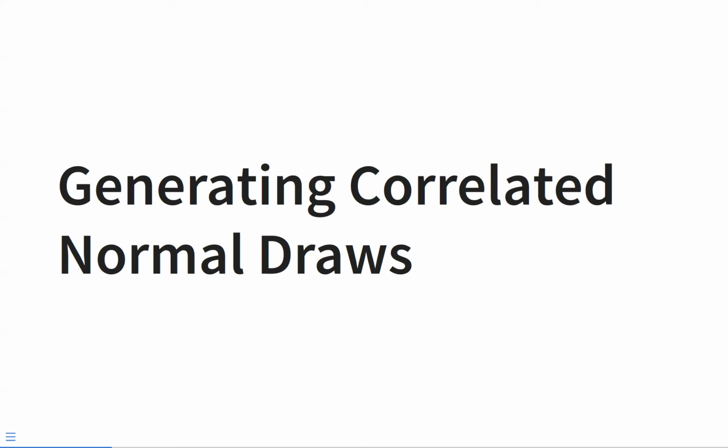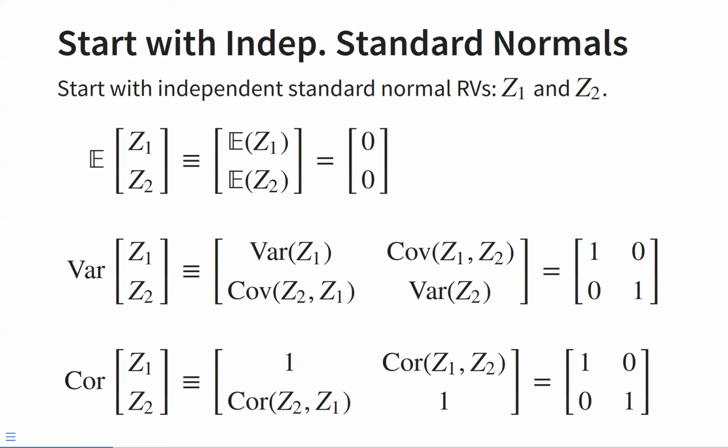All right, now with that quick review of notation out of the way, we are ready to start generating correlated normals. We are going to start with independent standard normals. I'll call them Z1 and Z2. So the mean vector for these two random variables is just 0, 0. The variance covariance matrix is just the identity.